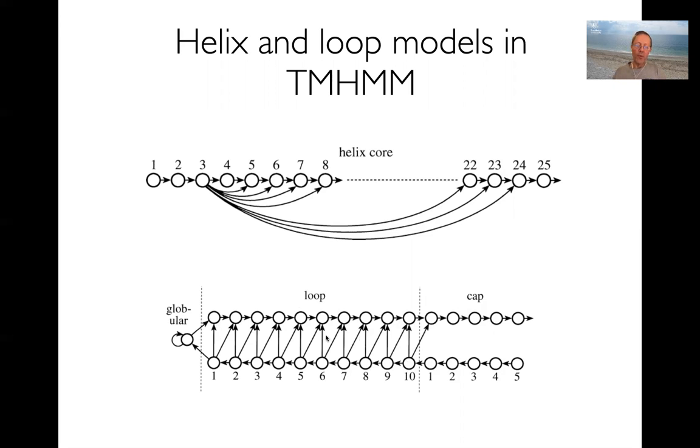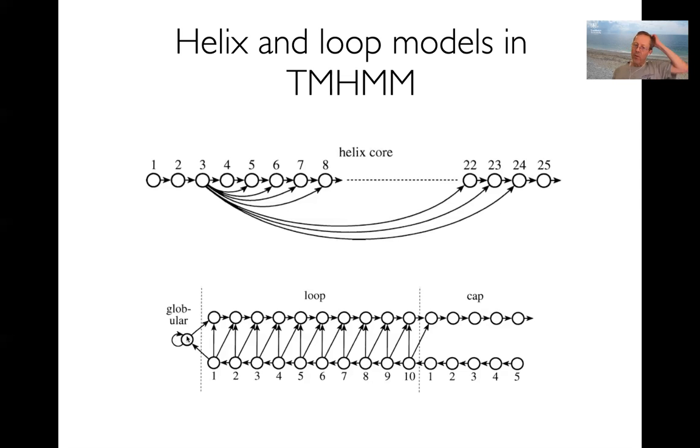But of course, you add a lot of parameters here, a lot of transition probabilities to model these varying loop lengths. And then you have the globular domain, which is just one state that can loop back to itself. So you can model globular domains of any size, essentially. And there is just one set of emission probabilities from the globular state.